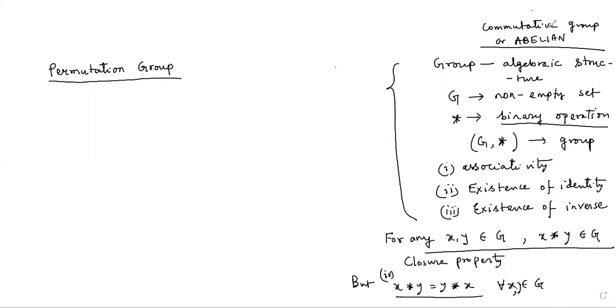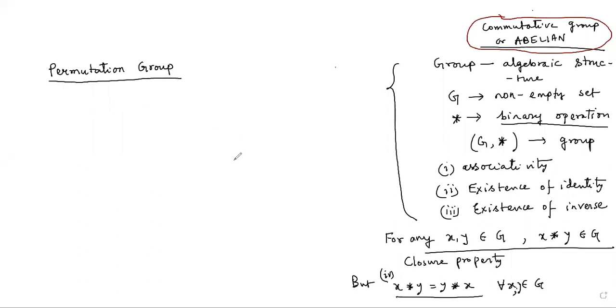Now, often we actually try to find out groups which are commutative or abelian. If these types of groups are obtained, we become very happy about it. But it is not always the case, because there are some other groups which are also very important, but they are not commutative groups.